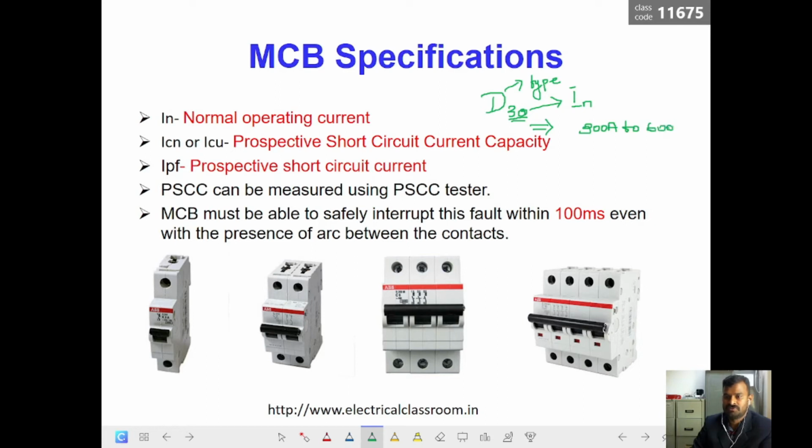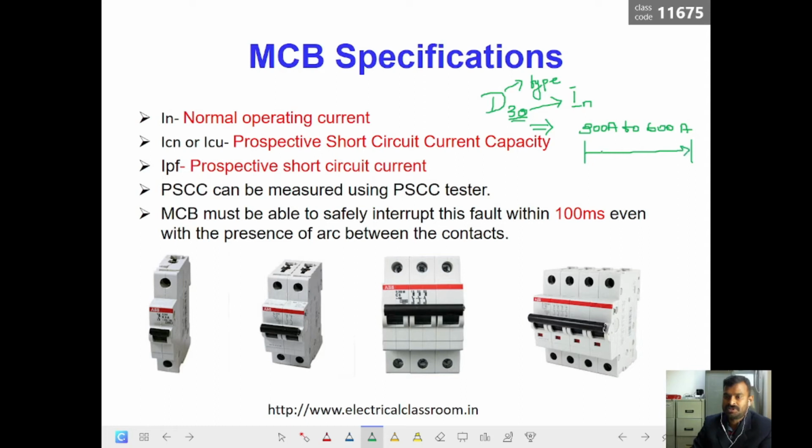From 30 amperes onwards the trip time would start, but the trip range is from 300 to 600 amperes.